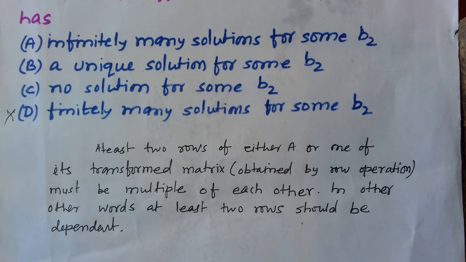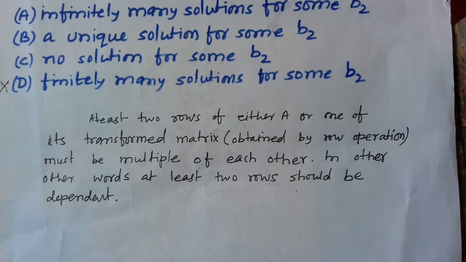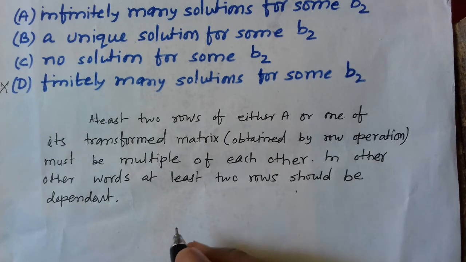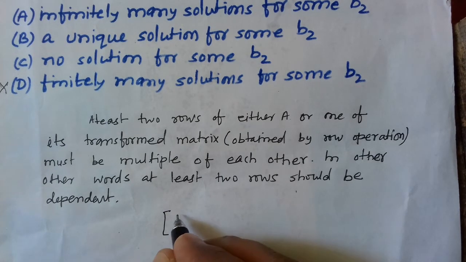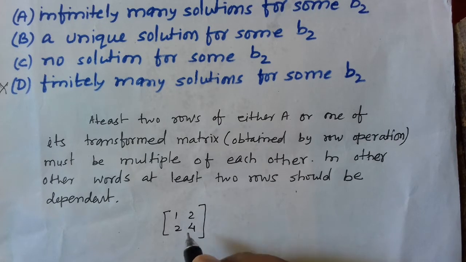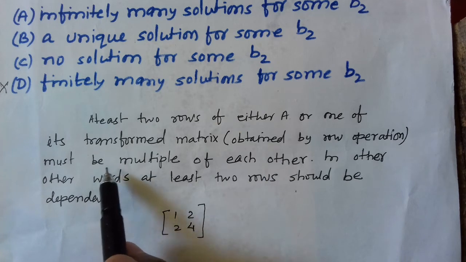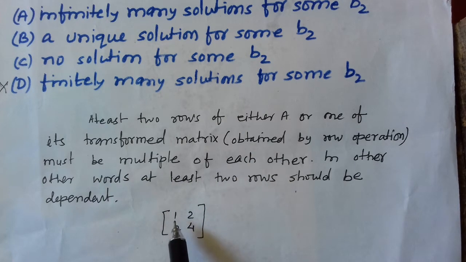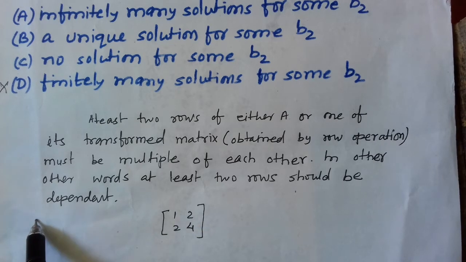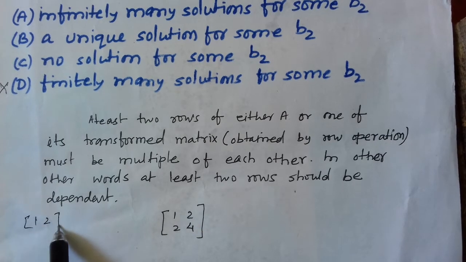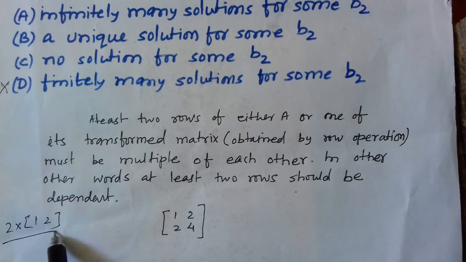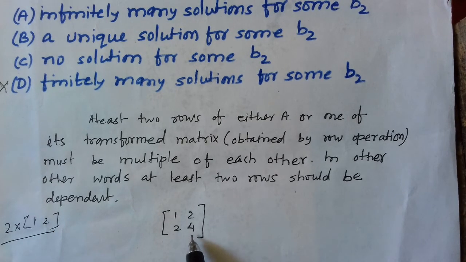So first we take a simple example to check. Here you can see that 1, 2, 2, 4. According to this statement, one row must be a multiple of the other. Here you see the same. If you multiply the first row, which is 1, 2, by 2, then you will get the second row 2, 4.